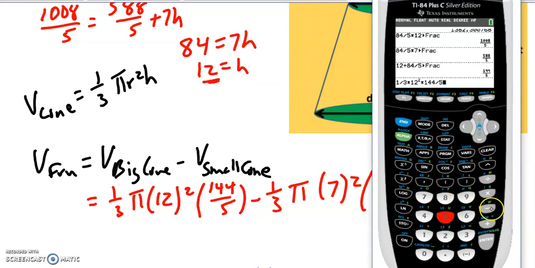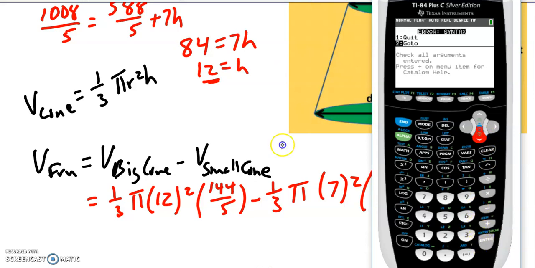I'm going to keep going. Minus 1 divided by 3, I'm putting everything in but the pi's, times 7 squared, or again, you're welcome to write 49 there, and then that was times 84 divided by 5. I'll do math, enter.